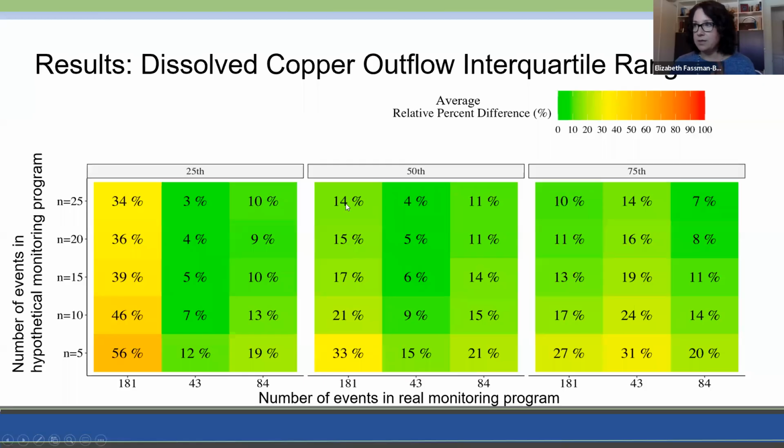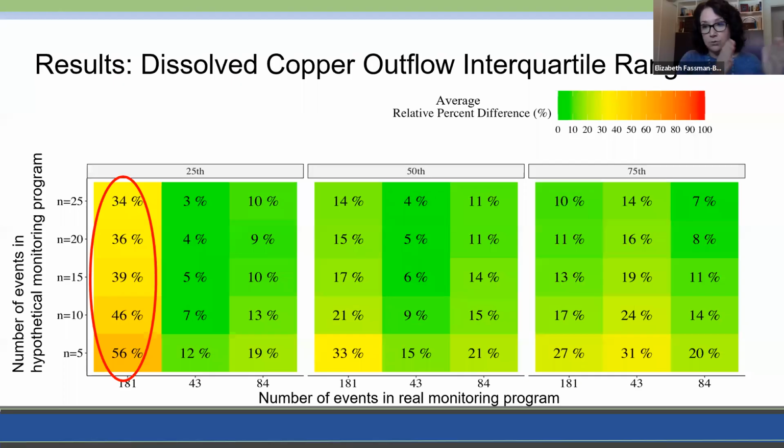Okay, so the graph in the middle here is that exact same graph you just saw, but now I've expanded it out to include the interquartile range for each one of these. You can start to see there are some differences when you're talking about different percentile points, or different points along the distributions. Remember, the lower your percentile value, the lower the concentrations you're comparing.